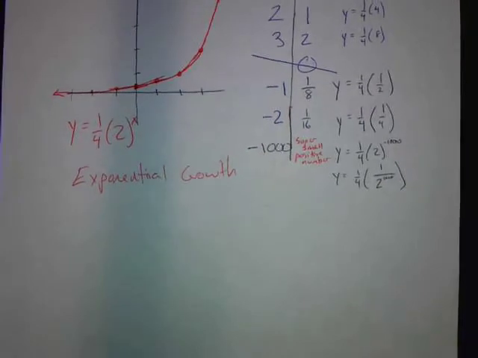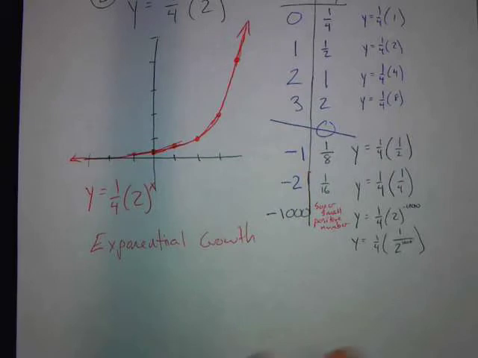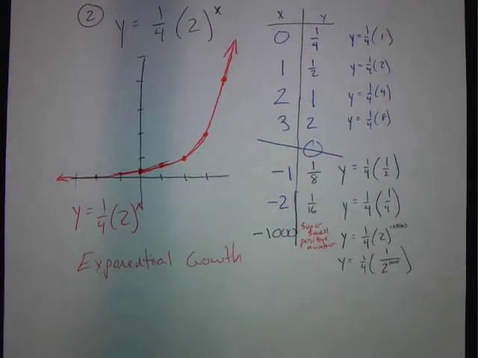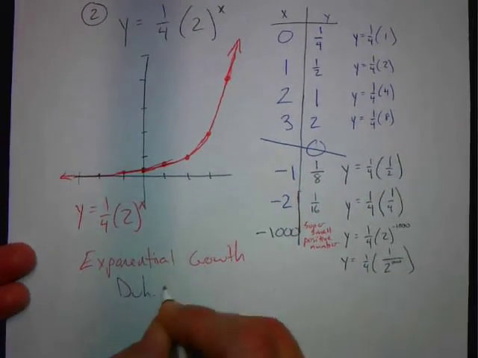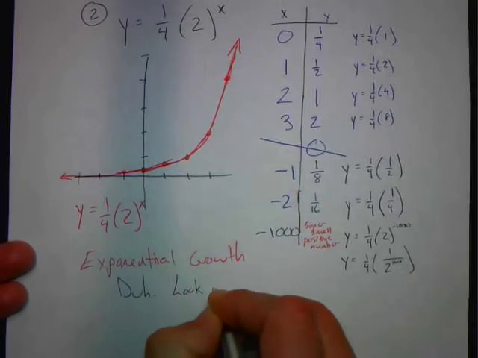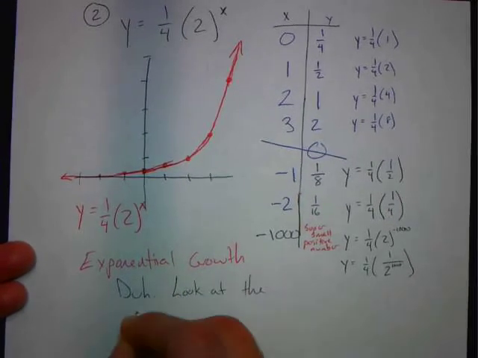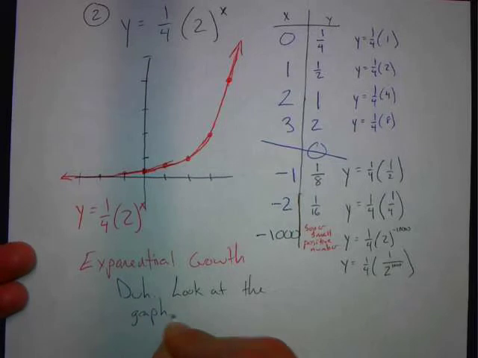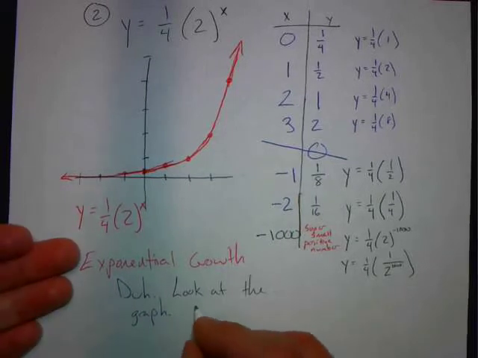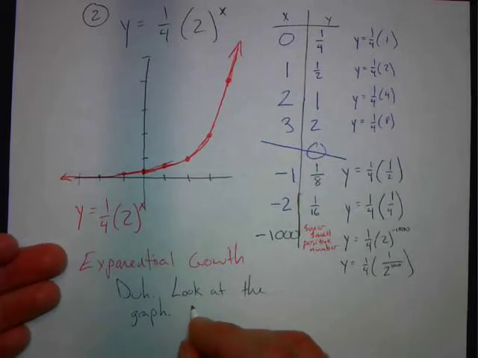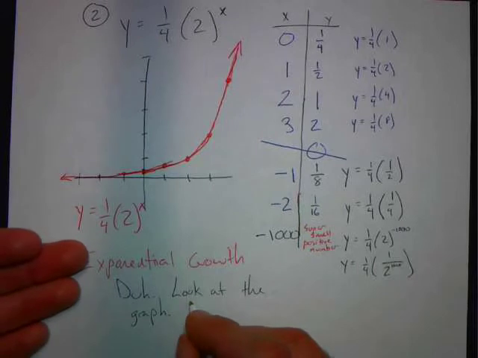Now, the last thing I said, explain your answer. Well, one explanation clearly is duh. Look at the graph. Okay, so you're thinking, duh, look at the graph. But it's not so much duh, look at the graph. It's look at the graph and the fact that y will never be 0. Y is always going to be greater than 0.